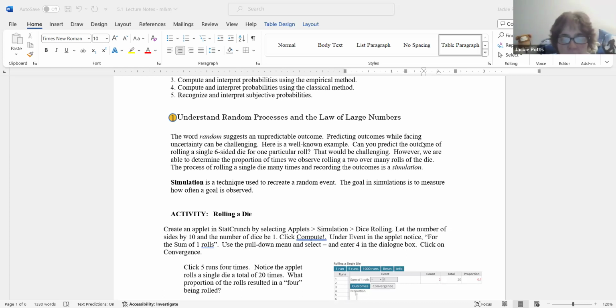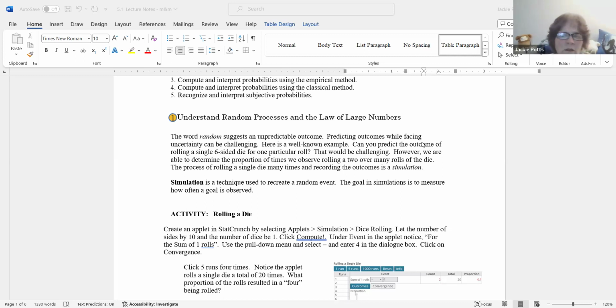So in theory, if I rolled a dice 6 times, I should have one 1, one 2, one 3, one 4, one 5, and one 6, correct? In theory. And the probability for each one, well, that's 1 divided by 6, because 1 out of 6 gives me 0.167.